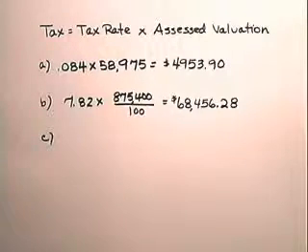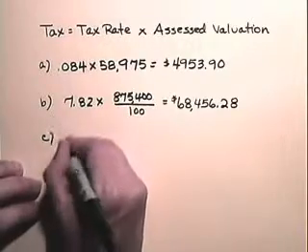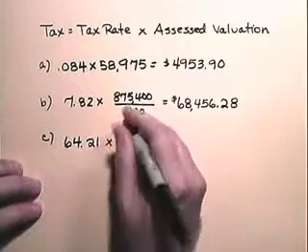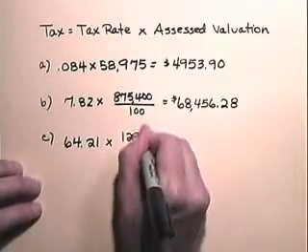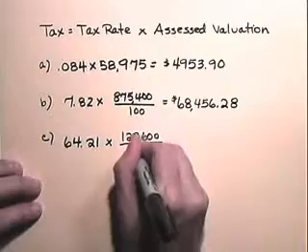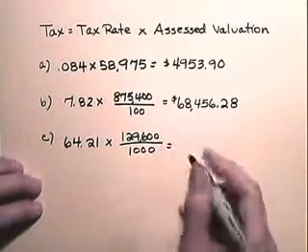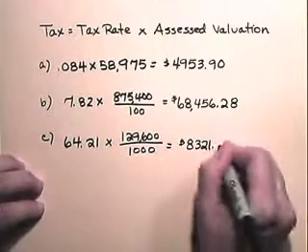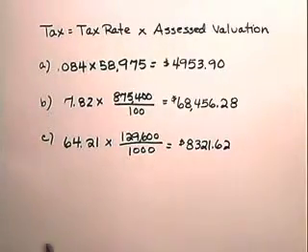And C, the value of our property is $129,600. It's taxed at the rate of $64.21 per thousand. So the tax will be $64.21 times $129,600 per thousand. So the tax here will be $8,321.62. And in D, we have $221,750 assessed valuation is taxed at 94 mills.